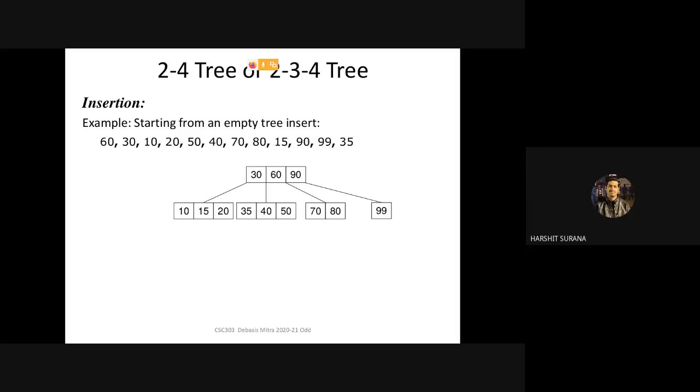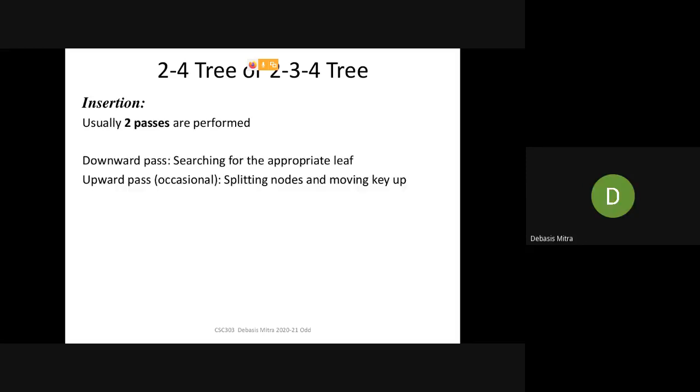Yes, sir. So basically we are actually performing 2 passes. The first pass is very common. That is the natural extension of the insertion of binary search tree. We are just performing a multiway search to locate the appropriate leaf where I need to insert the element.